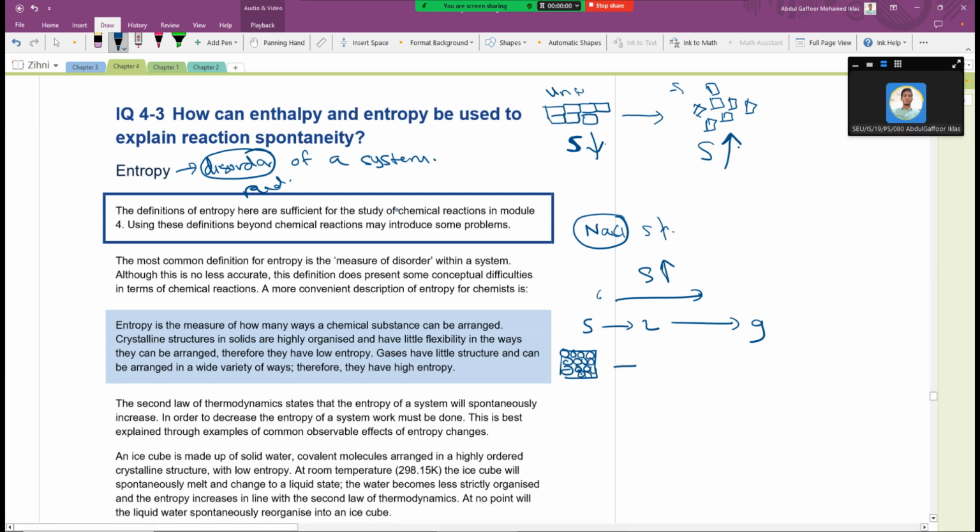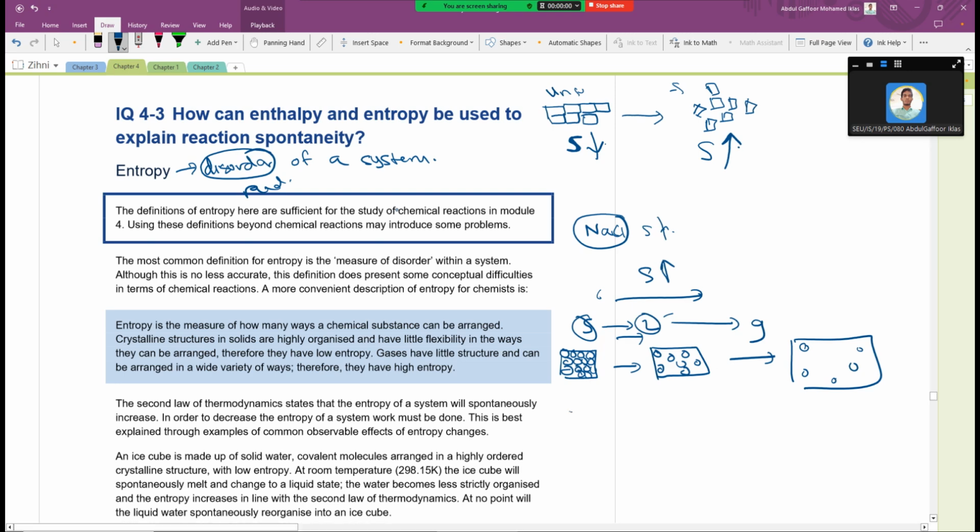Now if it becomes liquid, it's like this, right? So randomness or disorder. Again when it becomes gas, there is again high disorder. So from solid to liquid the entropy will increase, and again from liquid to gas, entropy will increase, right?